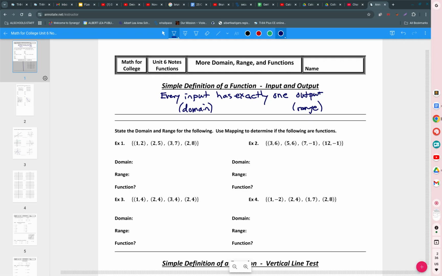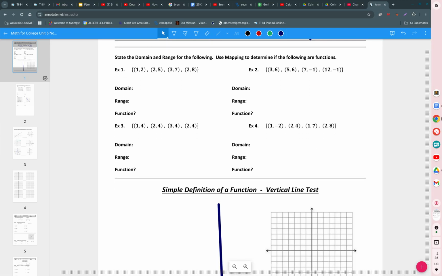Simple as that. So when we look at it from a mathematical sense, we have examples here of coordinates in which we have domain. Domain is the x values, and my x values are 1, 2, and 3. My range is going to be the y values, which are 2, 5, 7, and 8.